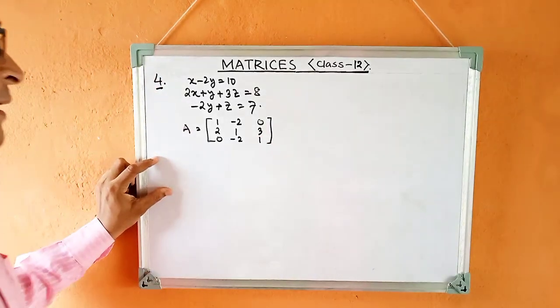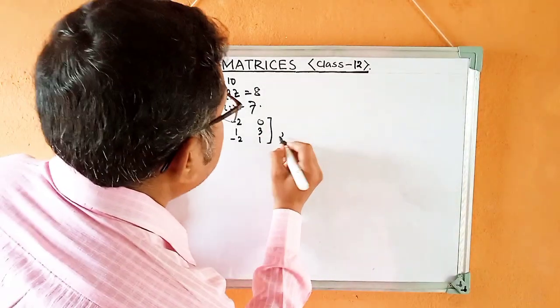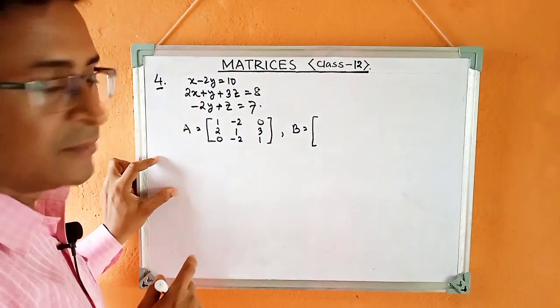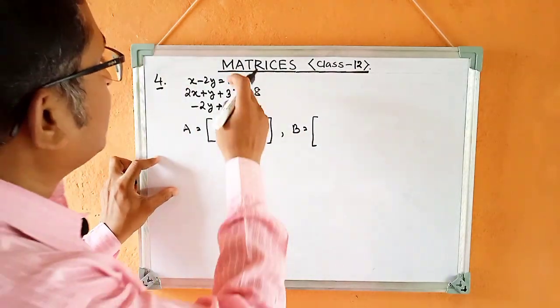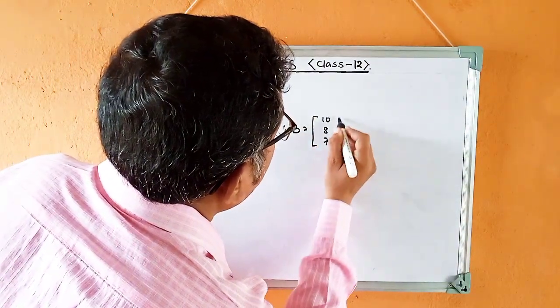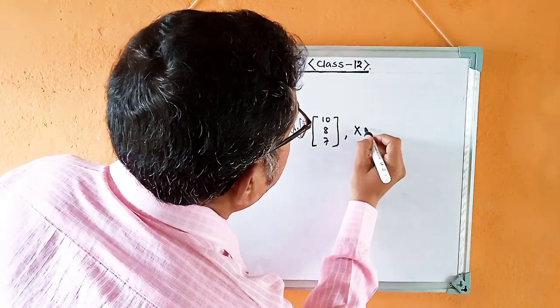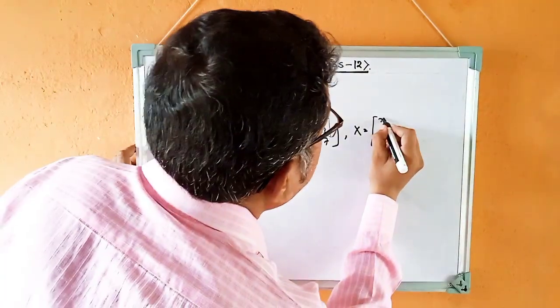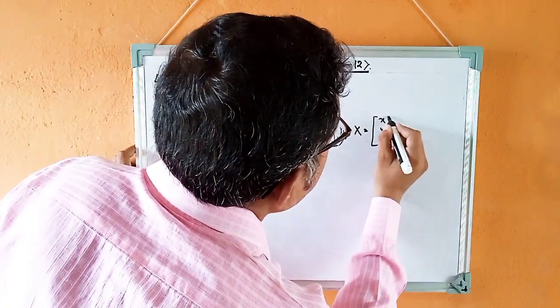We get the value of A. Then B equal to, write all the constant terms, that is 10, 8, 7. Then capital X is equal to the variables, x, y, z.